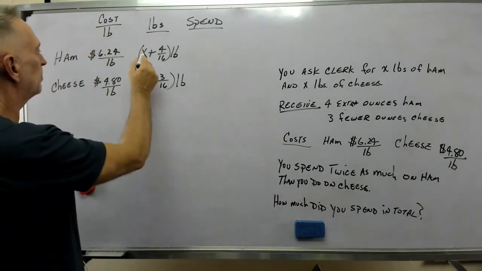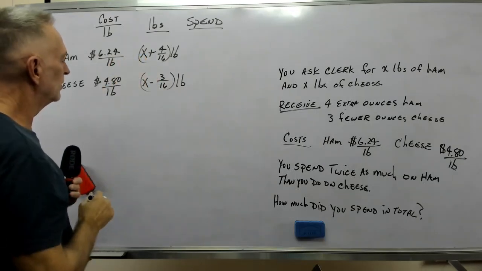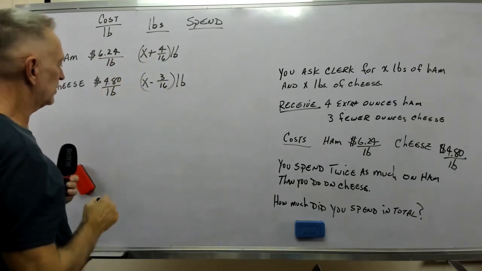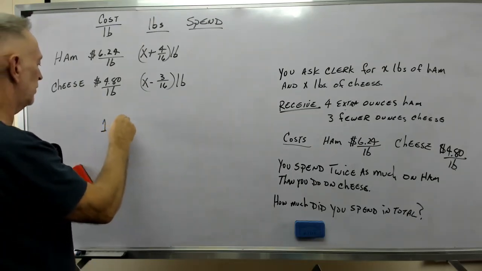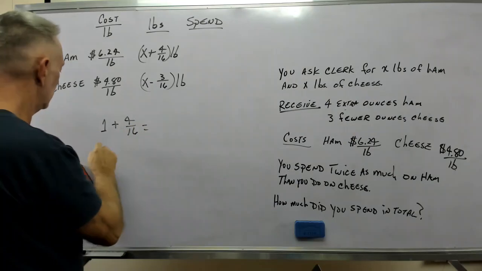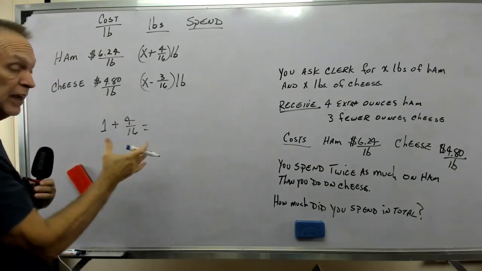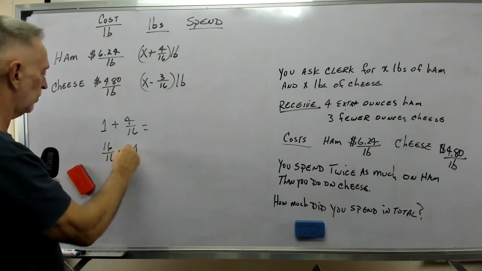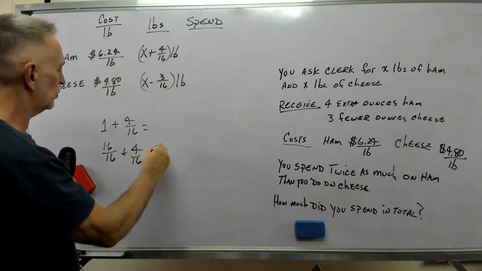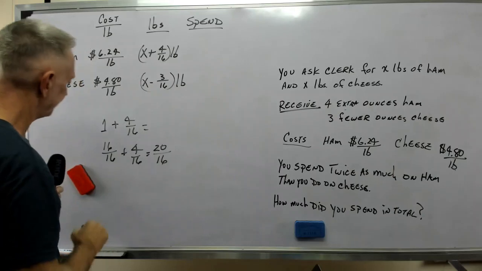Okay, if we bought 1 pound plus 4/16 of the ham, so we had 1 plus 4/16. What is that? If I get a common denominator, that's 16 over 16 plus 4 over 16. That's 20 over 16. Okay?